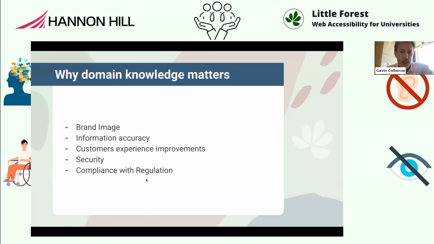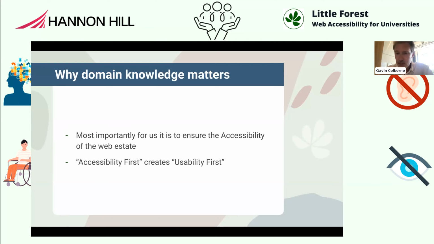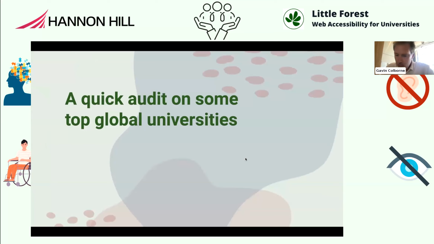More and more we are seeing regulation tightening in terms of accessibility, in terms of privacy, and we're seeing more and more legal action happening across the world. So for us, the most important piece really is the accessibility of your web estate. And we find that if you have an accessibility first policy, this creates a usability first policy.